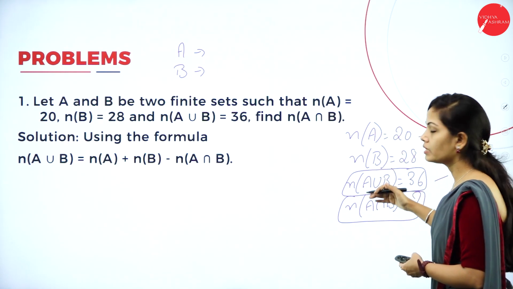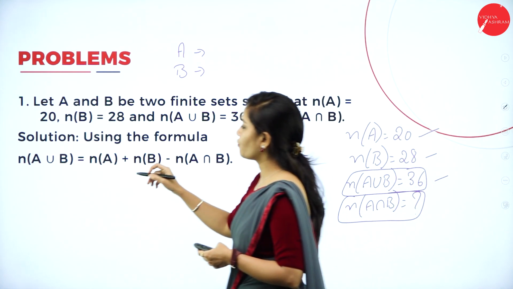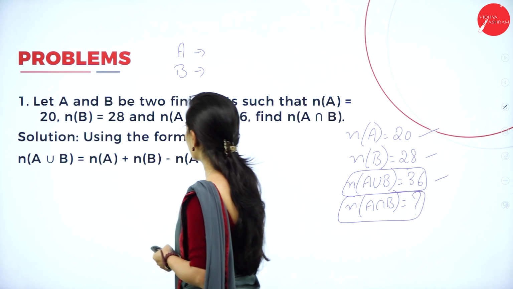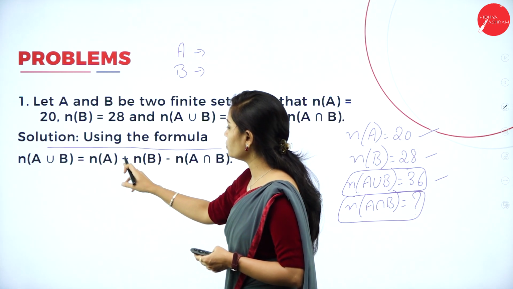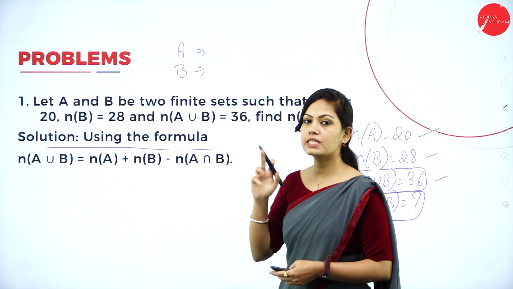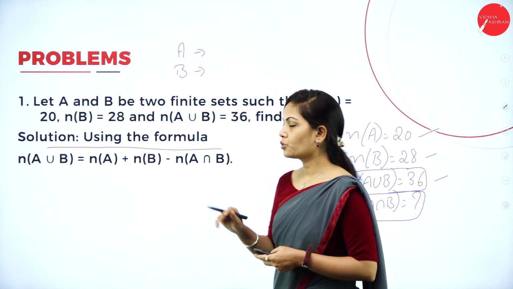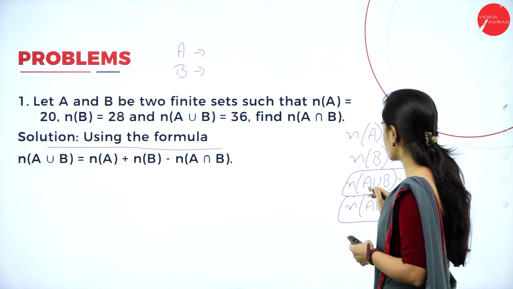So first write all the given values, and here already I have discussed this formula in my previous session. So this is my formula: n of A union B is equal to n of A plus n of B minus n of A intersection B. So here, how to find the value of n of A intersection B?